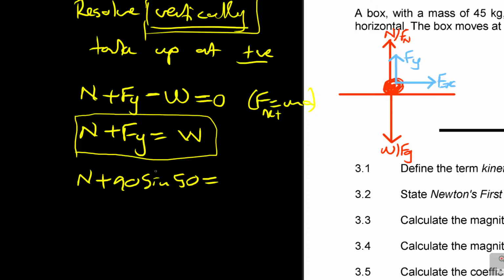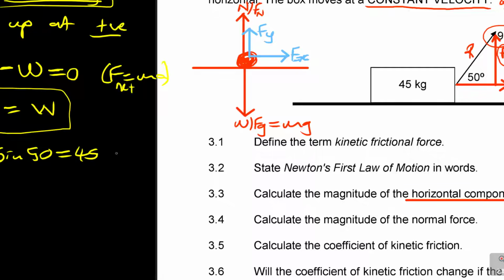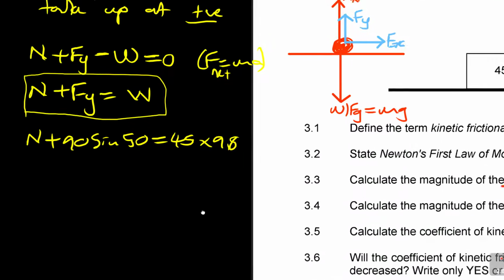Now don't forget, what is the weight? The weight of an object, W, is equal to mg, mass times gravity, and we know the mass of this object, which is what? It's 45 kg they gave us there, so it's 45 times g. We're using 9.8. You're supposed to use 9.8 for your g.